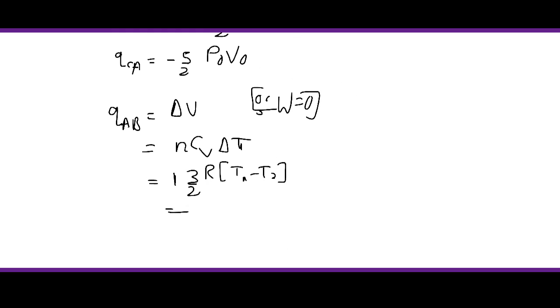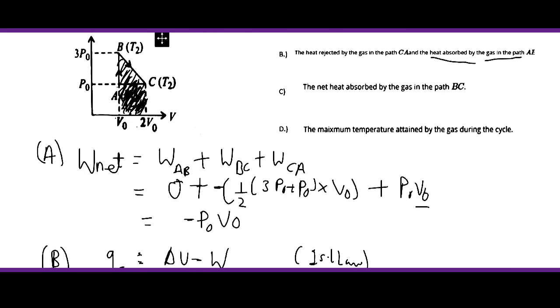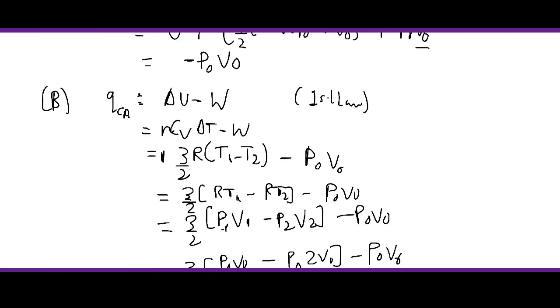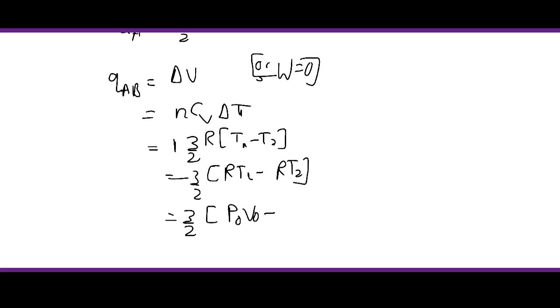So 3 by 2 (RT1 minus RT2). So RT1 can be written as P0 V0 by moles, that is 1, and RT2 can be written as, at temperature T2 the pressure is 3 P0 and the volume is V0. So RT2 can be written as 3 P0 V0. On further simplification, you will have minus 3 P0 V0.